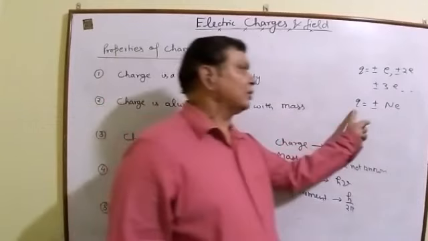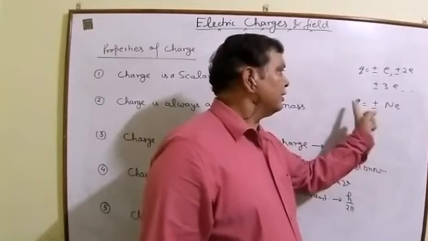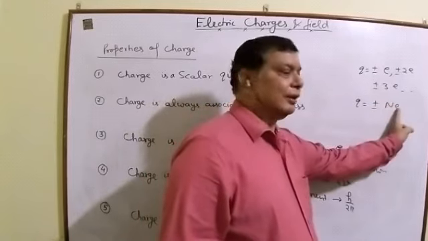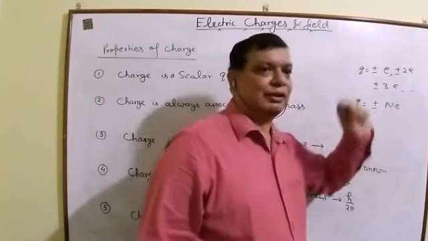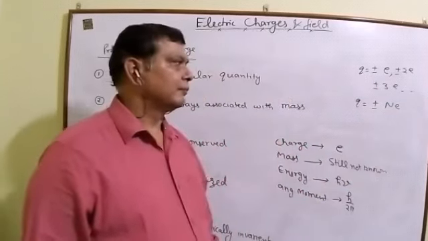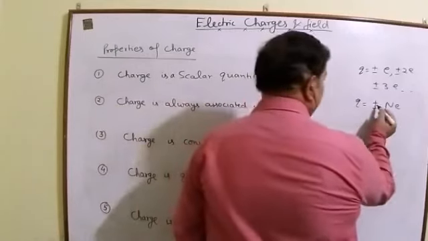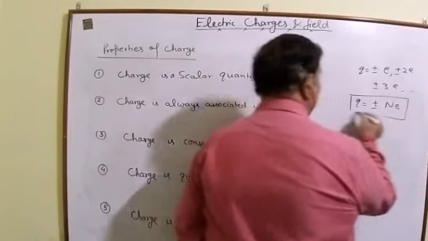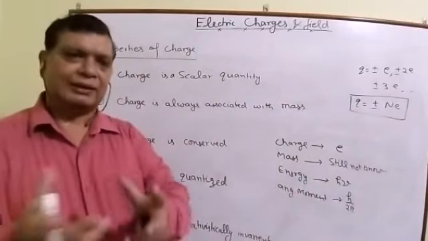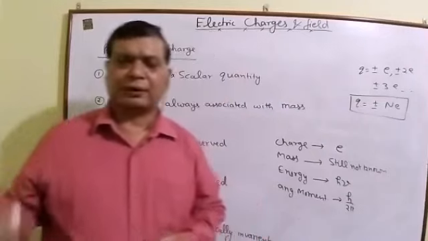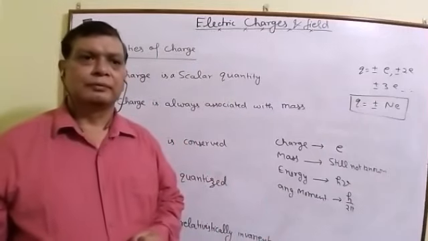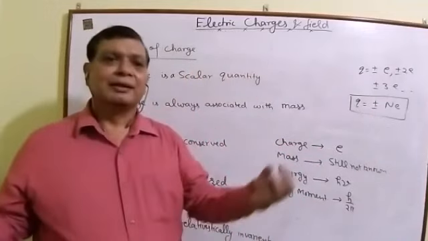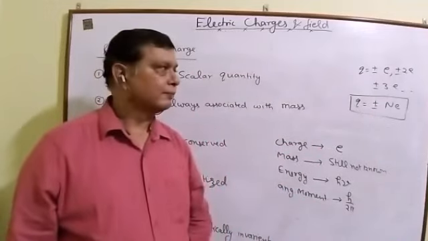So the charge on any body will be always integral value of the integral multiple of the elementary charge E. Here plus sign, we will use the plus sign if you have detached the electrons, means there is the deficiency of electrons in the body, and the minus sign will be used when the body has some excess of electrons.